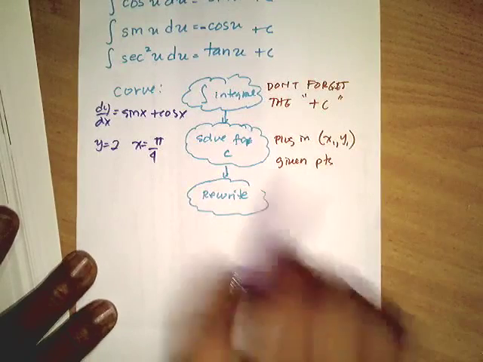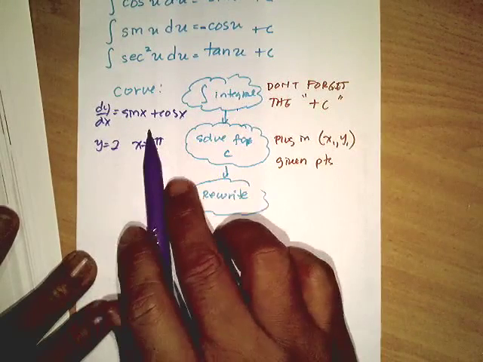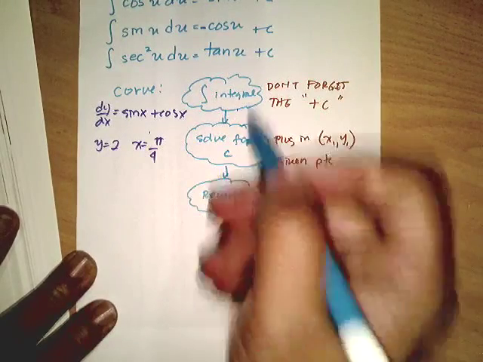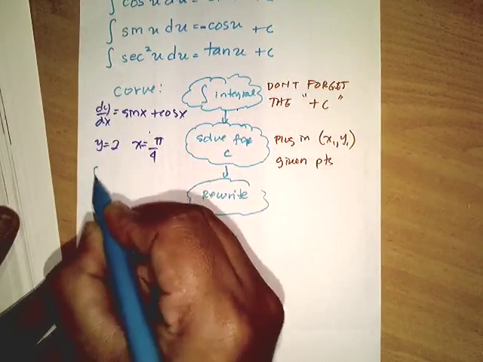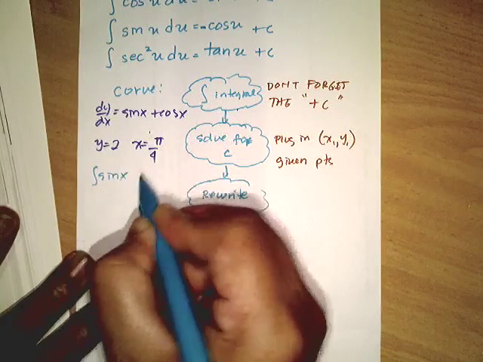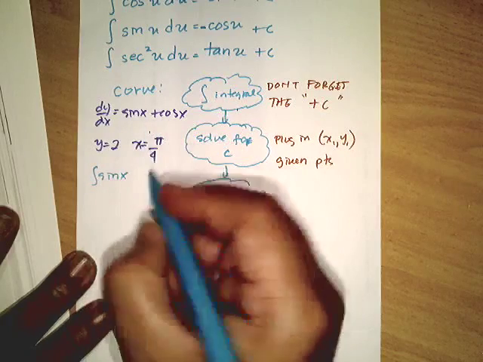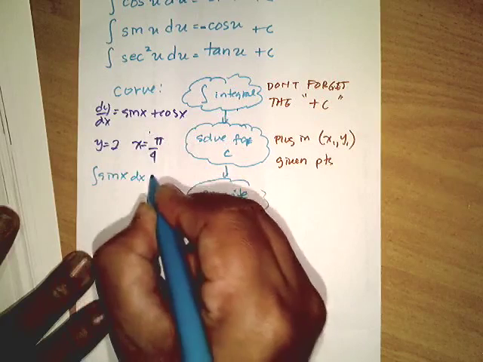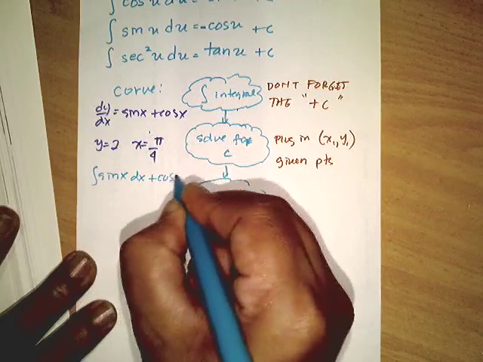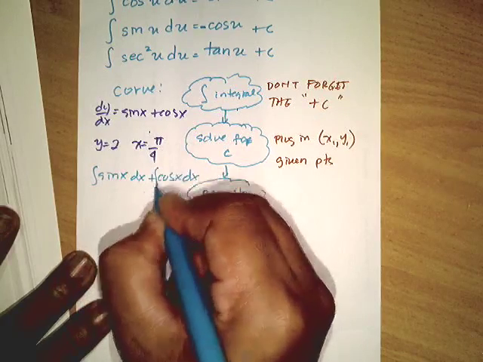The first step is to take the integral of that. Step number 1, take the integral of sine x plus cosine x. These are two terms, so sine x dx plus cosine x dx integral.